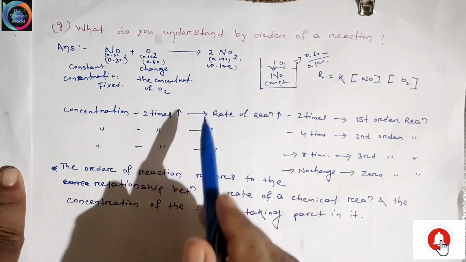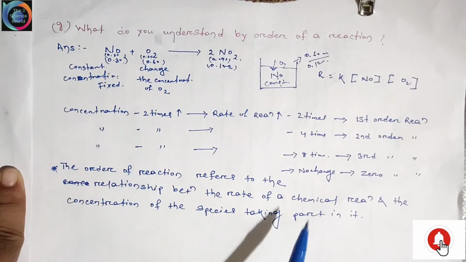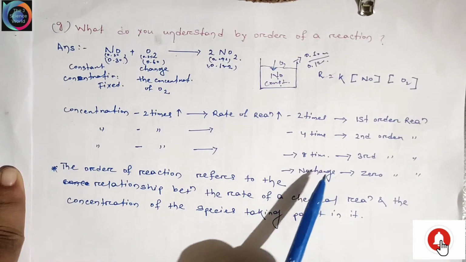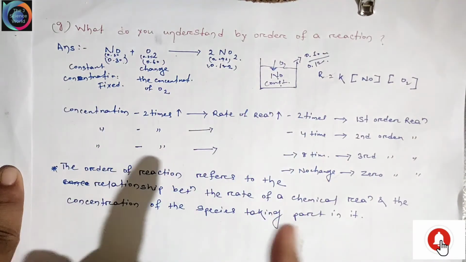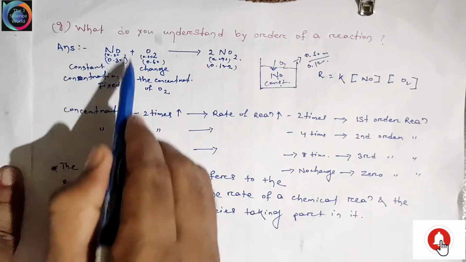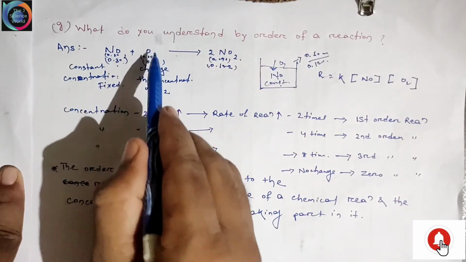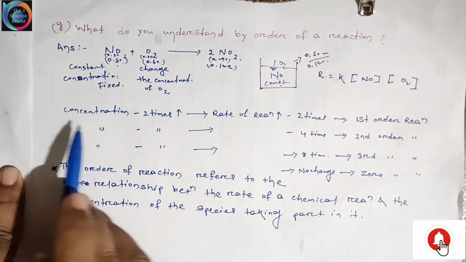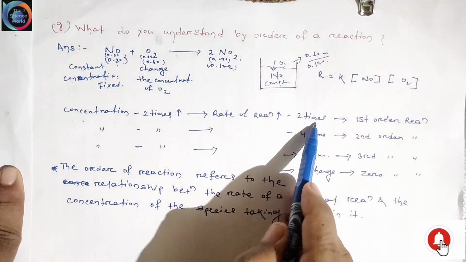When you increase the concentration of O2 again, the rate of reaction increases 8 times. But one thing remained: we did not change the concentration of NO, we only changed the concentration of O2. So when we change the concentration 2 times, the rate of reaction increases 2 times.